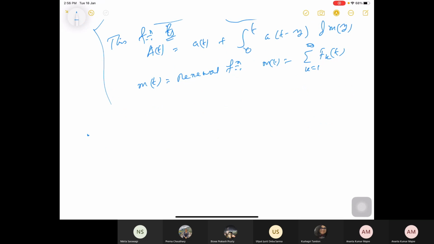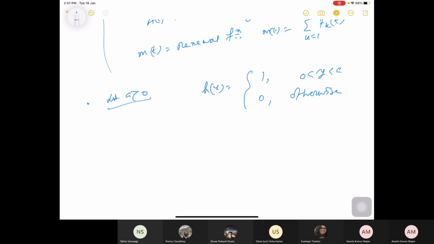To see this, I consider a positive, small a, which is given to you. Now I define the function h(y), which is 1 if 0 less than y less than a, and 0 otherwise. Now if you look at Smith's theorem, h should be non-increasing; it is integrable, non-increasing, positive function.